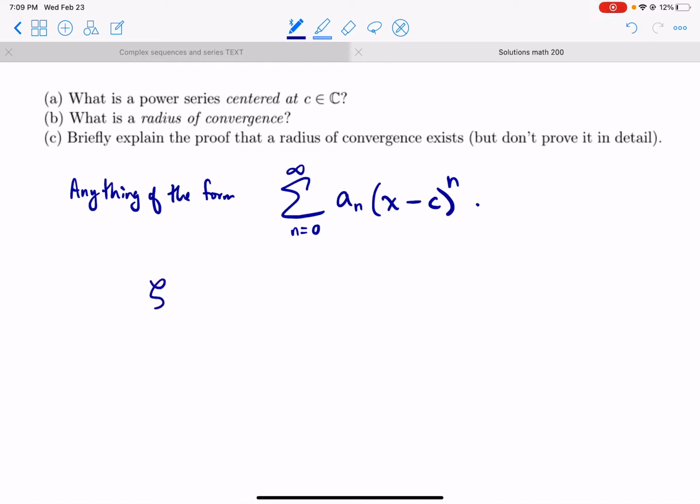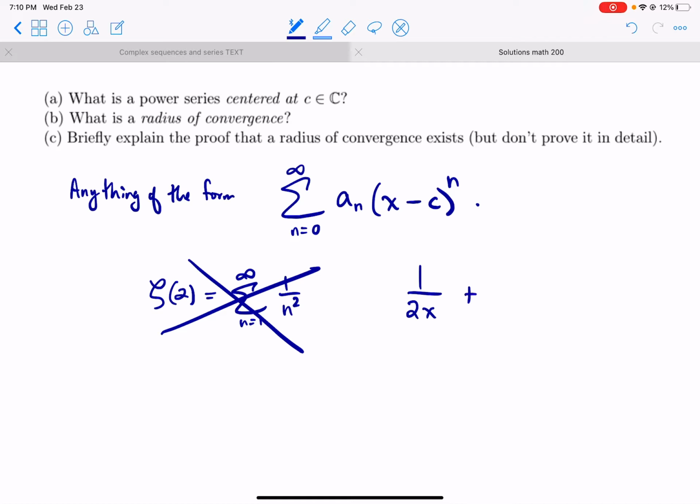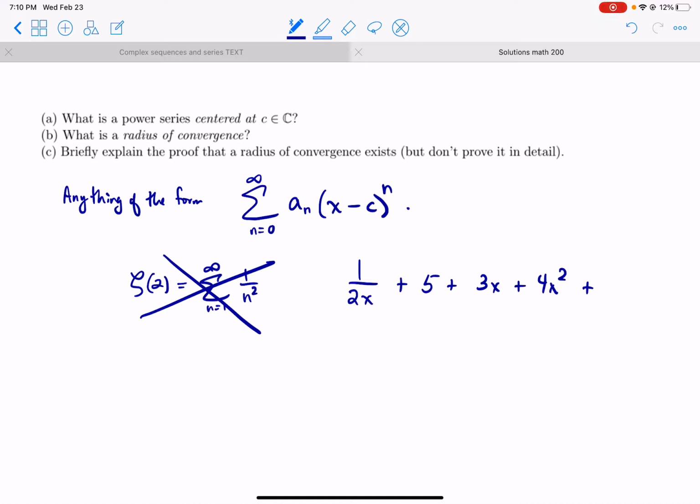So in particular, zeta of 2 is the infinite sum 1 over n squared, n equals 1 to infinity. This is not a power series. Here's another interesting function: 1 over 2x plus 5 plus 3x plus 4x squared plus x to the third plus x to the fourth over 4 factorial plus and so on.